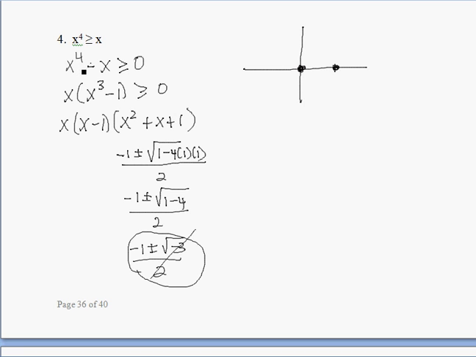Since it's x to the 4th, it pretty much looks like a parabola, and both of these roots are odd, so therefore it's going to cross through the x-axis. And since x to the 4th is positive, it's facing up. So we want the regions when x is greater than or equal to 0. Sorry, that's wrong.